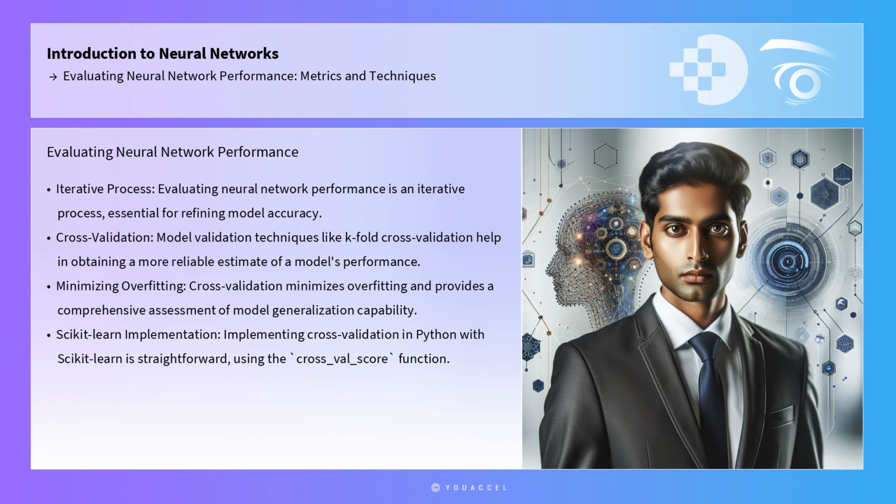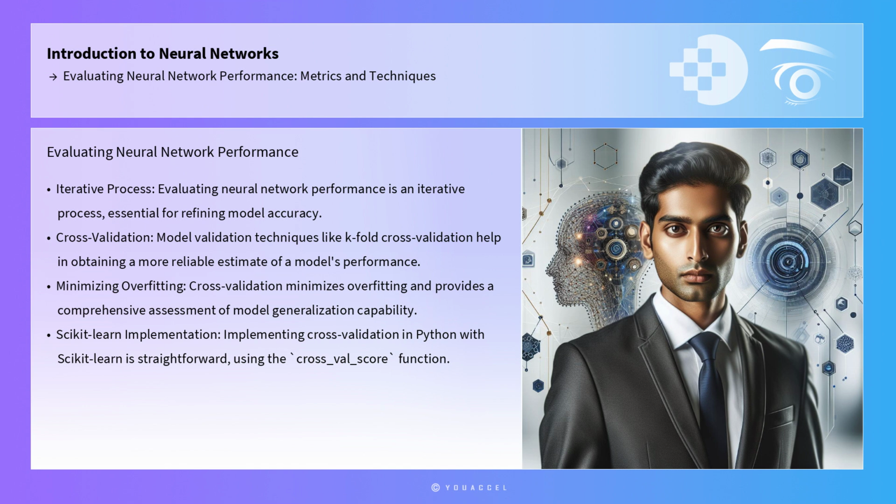In practice, evaluating neural network performance is an iterative process. Model validation techniques, such as k-fold cross-validation, help in obtaining a more reliable estimate of a model's performance. Cross-validation involves partitioning the data into k subsets and training the model k times, each time using a different subset as the validation set and the remaining data as the training set.